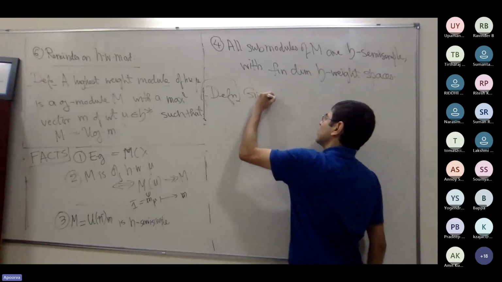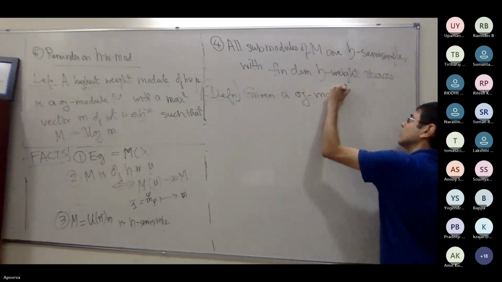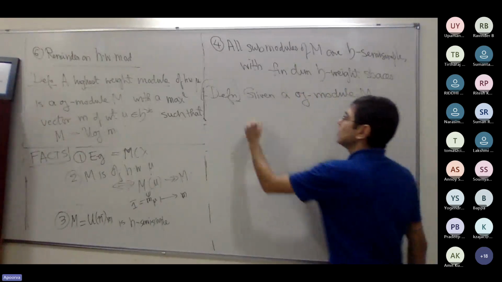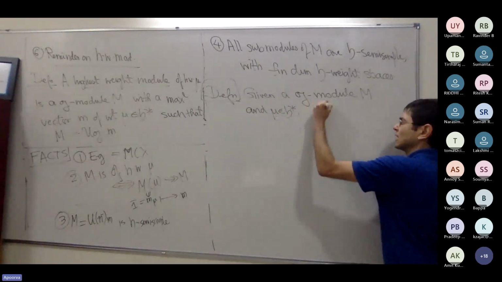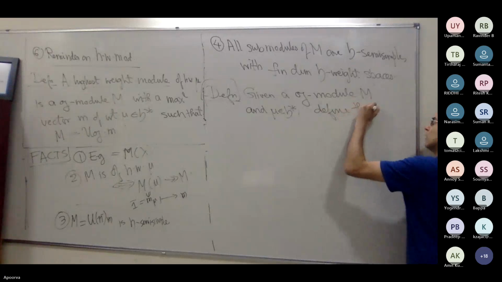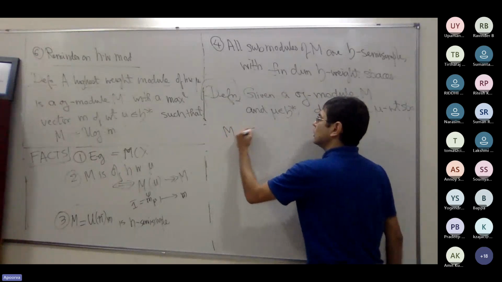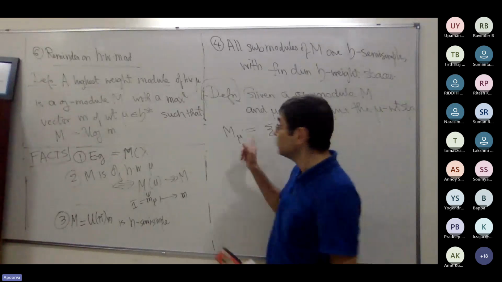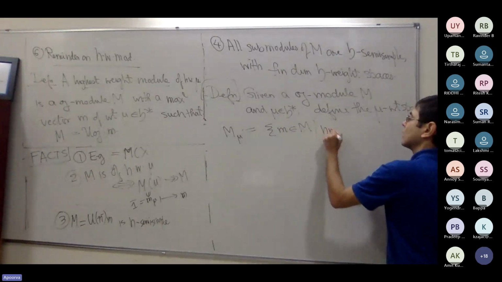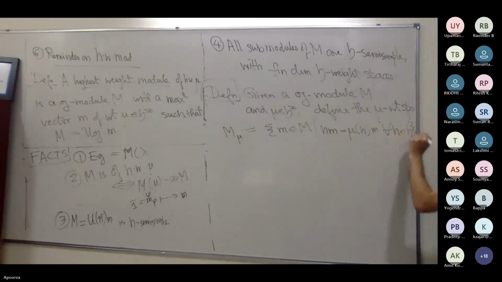Given a G module M, and I could take an H module also, but let's just say G module, and the weight mu, define the mu weight space, which again Ravindra must have done already, to be M mu, the elements of M which are eigenvectors for H with mu as the eigenvalue.